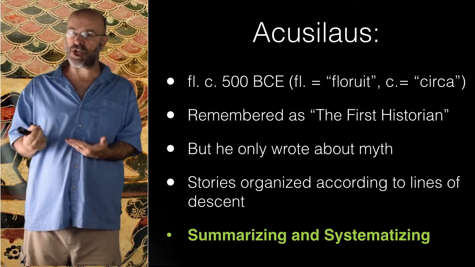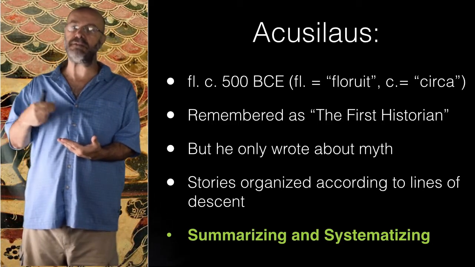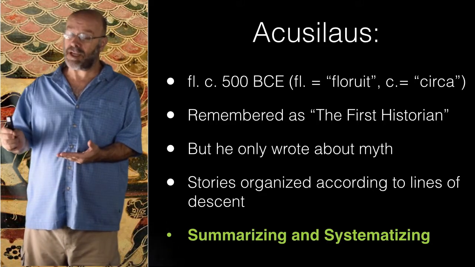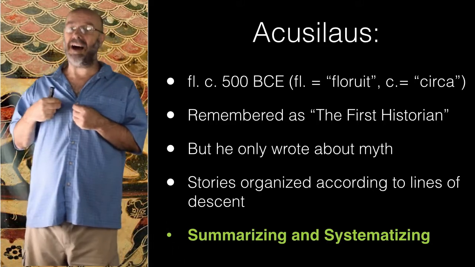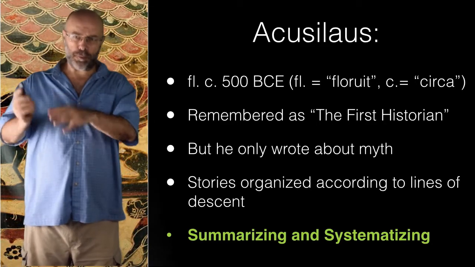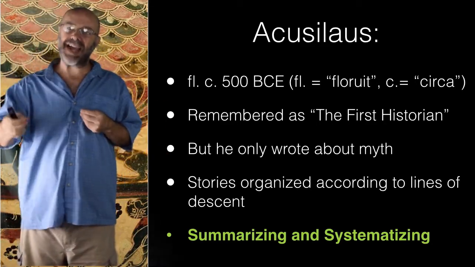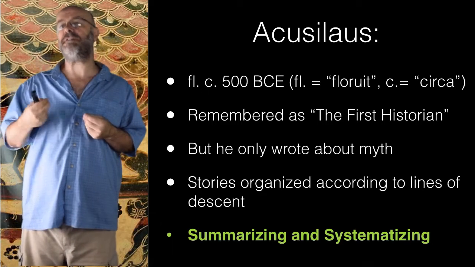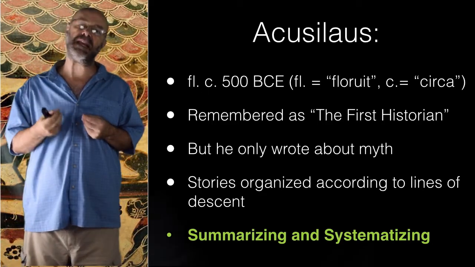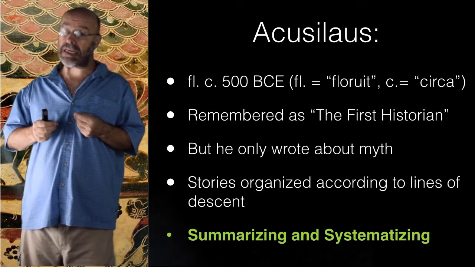He was flourishing, that's what that fl means, he floruit, roughly, that is circa in Latin, which is inappropriate because this is Greece, but never mind that. So he was at his height, he was flourishing roughly 500 BCE, the very beginning of the 5th century BCE.